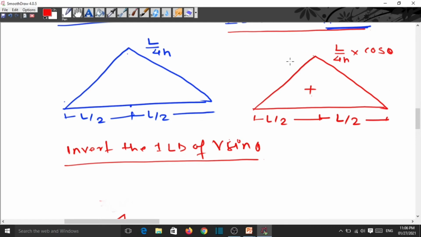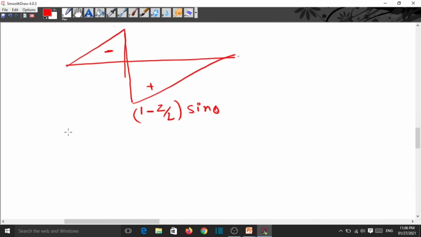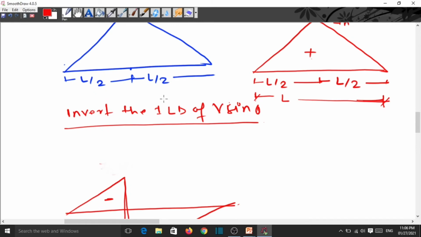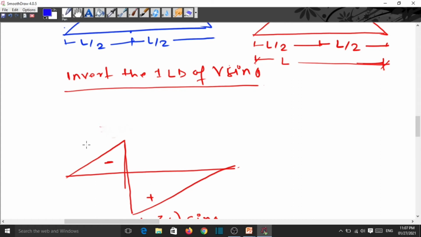Now we can superimpose, pick up this diagram as it is. You have to pick up this diagram L by 4h into cos theta and put here, because this length is L. This length is L. Also here this length is L. This total length is L. So now superimpose here this plus over this minus. So this becomes like this, suppose.